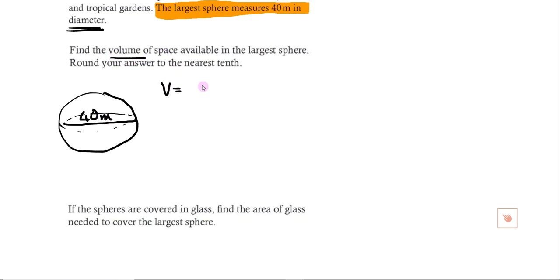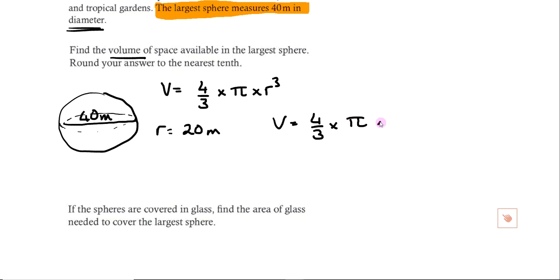So volume is, again, same formula, 4/3 times pi times r cubed. R, this is where it's slightly more difficult than the other question, because r is 20 meters. So we have to do 4/3 times pi times 20 cubed. Okay?